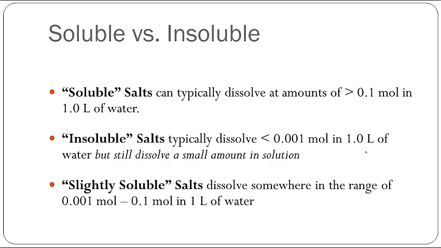First group, so Li, Na, K, Rb, Cs, are always going to be soluble. There's another 2 ions that generally make soluble salts. NH4 plus is one of them. The other one's an anion.